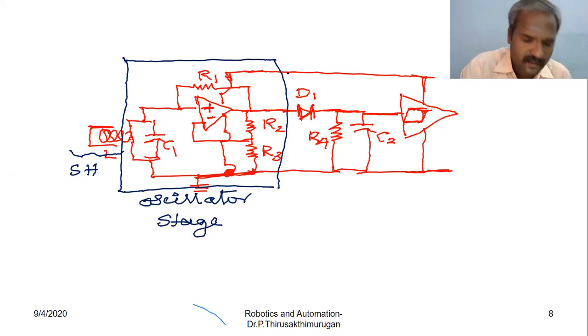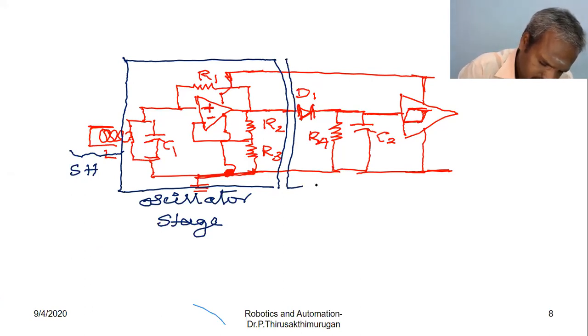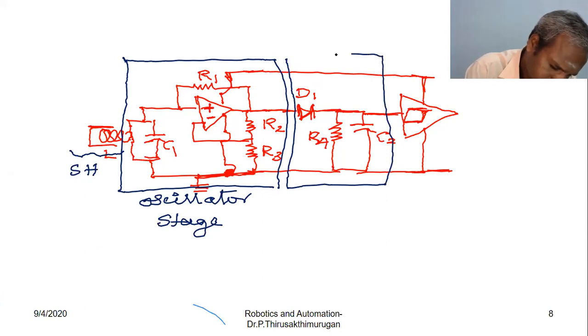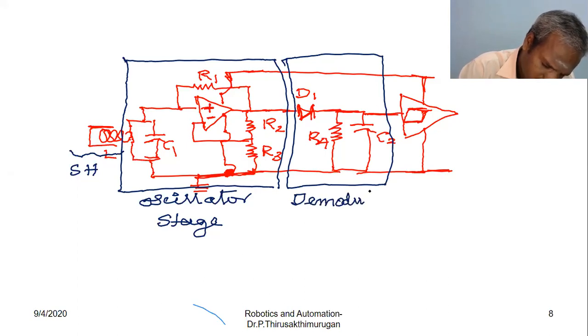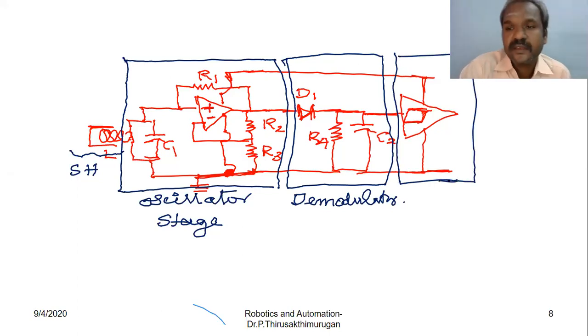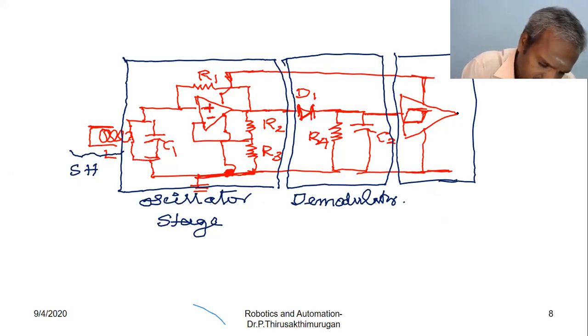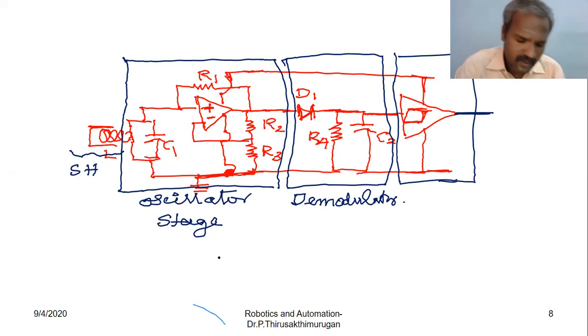Next, this is the demodulator stage. Demodulator. So this is the triggering stage or Schmitt trigger. So this is connected to the next stage, called the output stage.